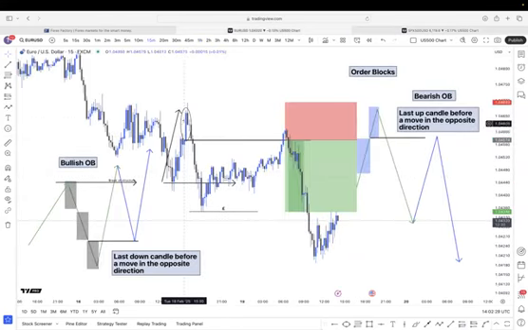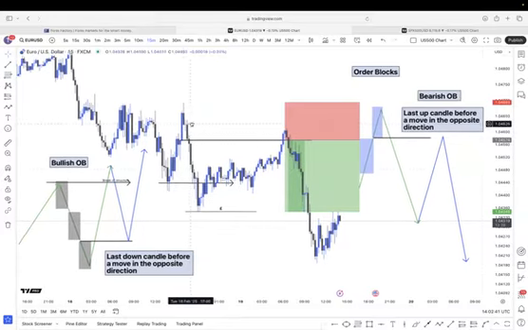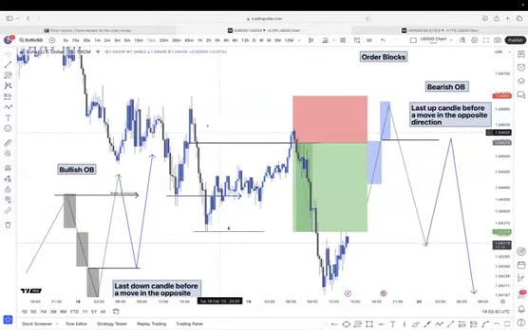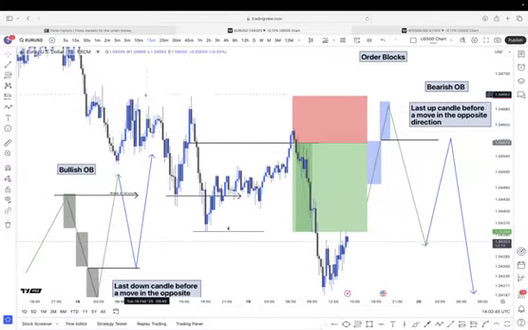There are order blocks which work higher in probability. Basically, they are order blocks which have actually swept liquidity. So if you look at this order block here, just as an example, if you look to the left, you should be able to identify this liquidity sweep, which is sitting right here.